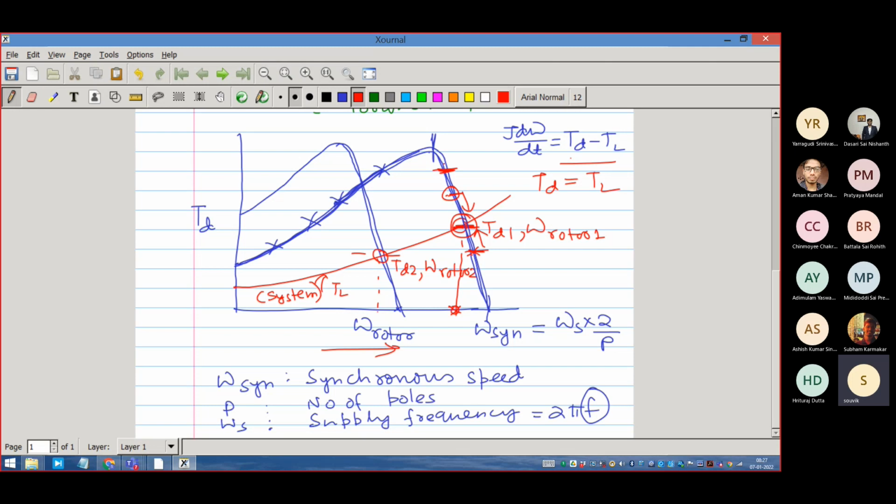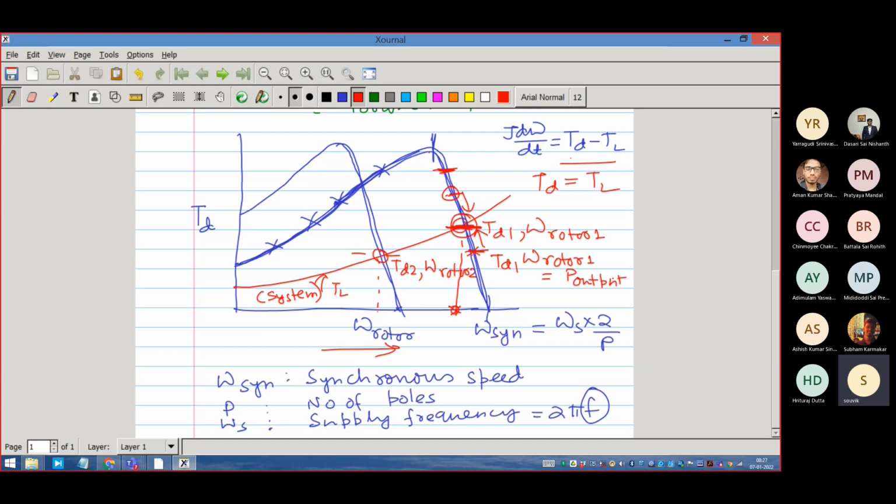Because corresponding to this is the power that is given to the shaft. Actually TD1 into omega rotor 1 is equal to P output of the machine. Output means it is giving the power to the shaft.